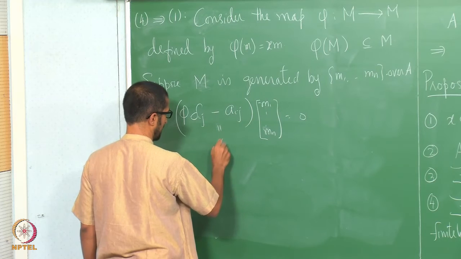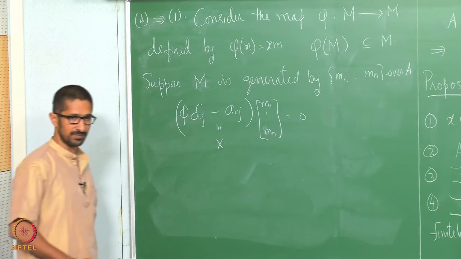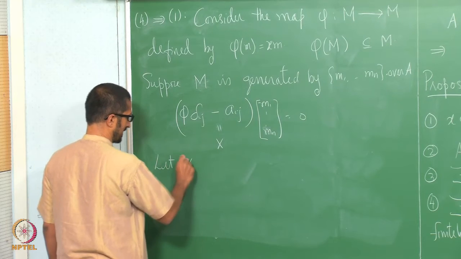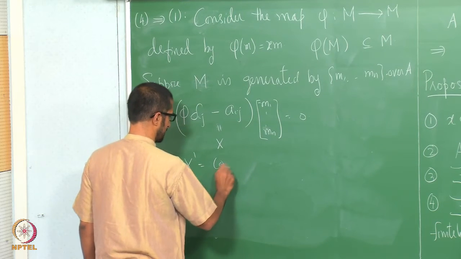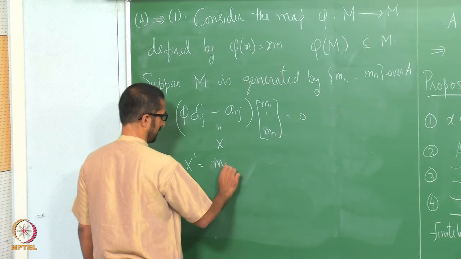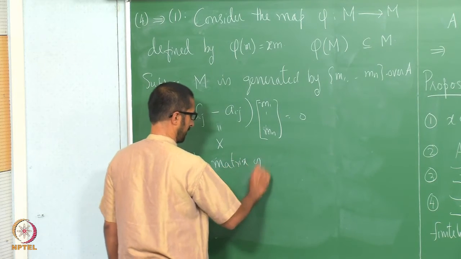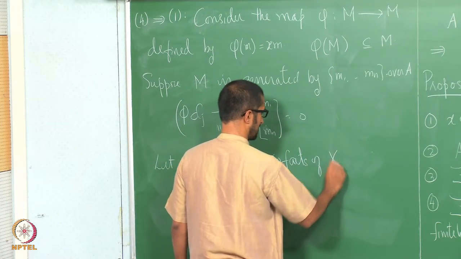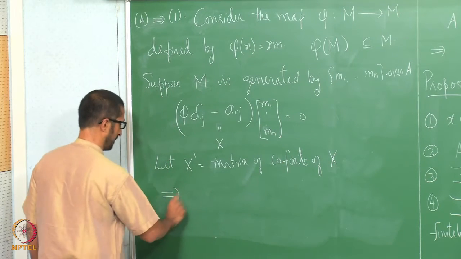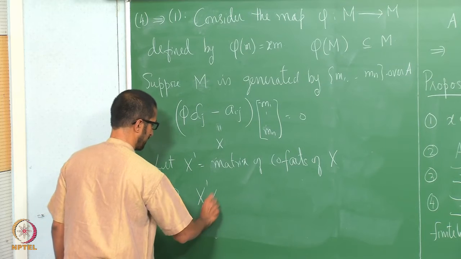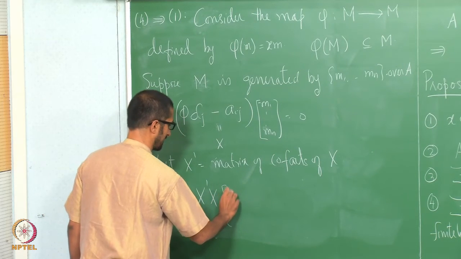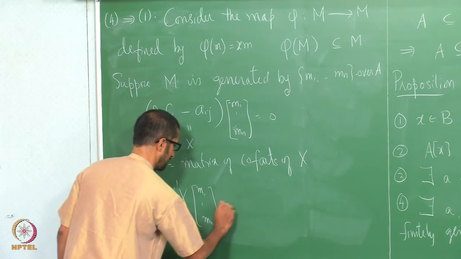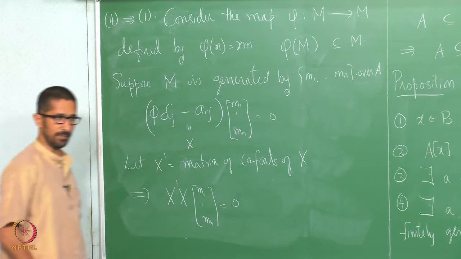I call this matrix X, and if I take X prime to be the cofactor matrix of X, then X acting on this vector m1 up to mn is 0.